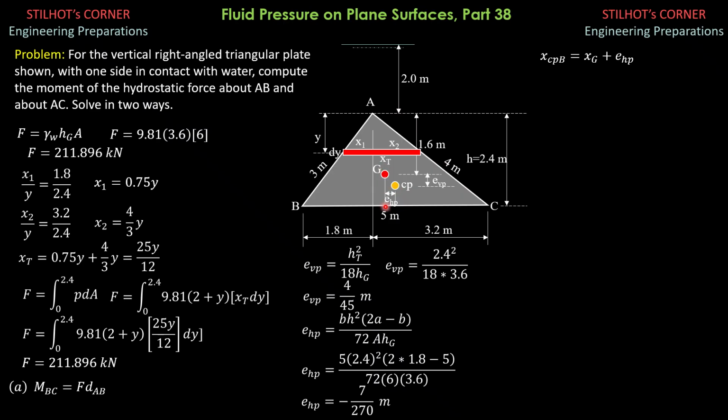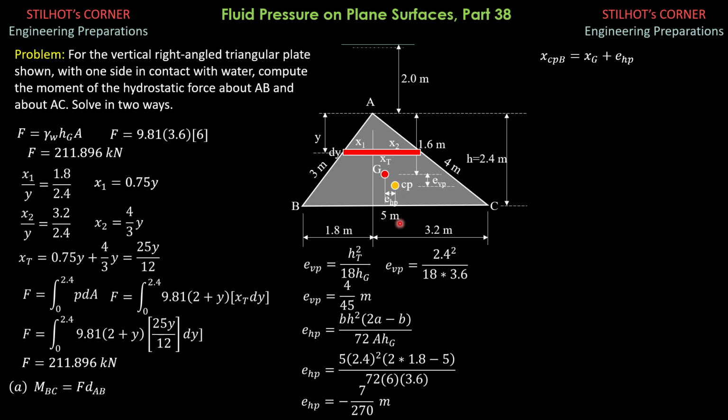It is because this is the positive y-axis, the positive x-axis is going to the left, so that's why that is negative. But with reference to B, the x-coordinate of CP would be the x-coordinate of G, then we have to add E sub HP, absolute value of this, because we have located it correctly.